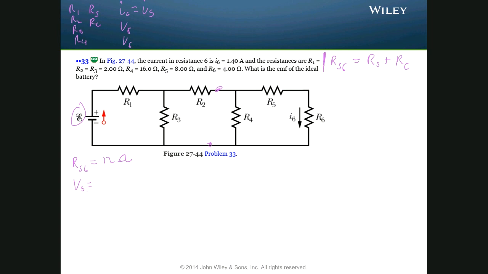So I am going to need these. V56 is going to be equal to I6 times R56, right? And that's going to be equal to I is 1.4 amps times 12. 1.4 times 12 is, someone help me with the calculator here. I can't keep doing it.